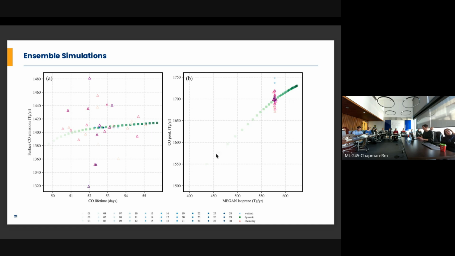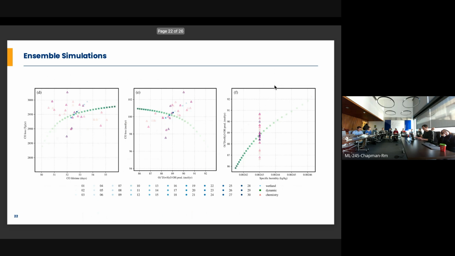And so using something that is weak nudging to a strong nudging, that can give you up to 150 differences in MEGAN emissions, even though the vegetation is prescribed, the LAI are prescribed. And here you can see the spread due to chemistry, which is mainly driven by lightning. But they all have the same MEGAN emissions because the dynamic is the same in this case.